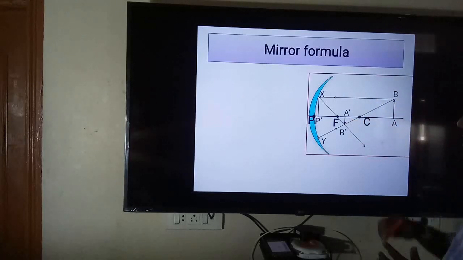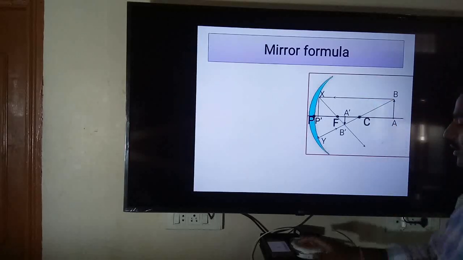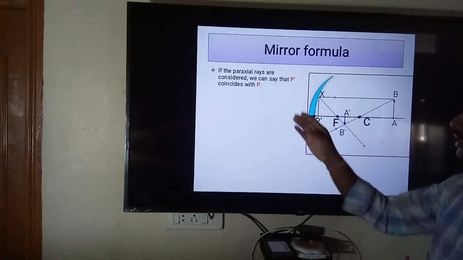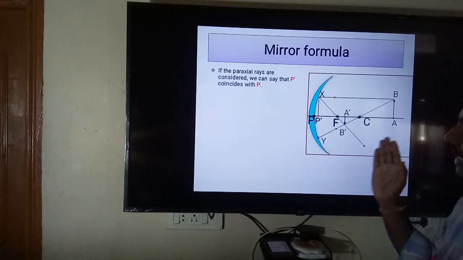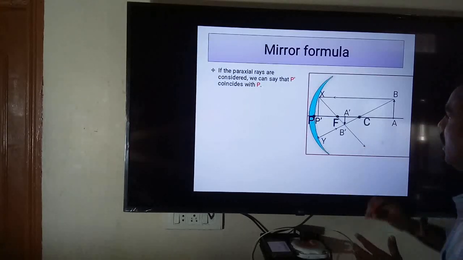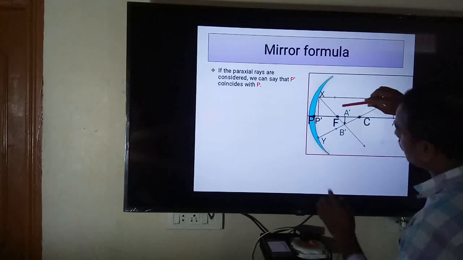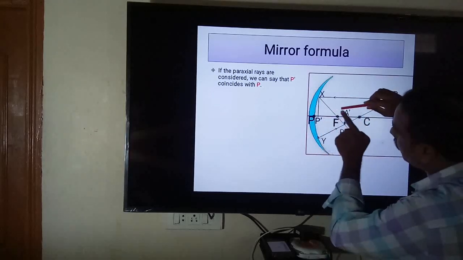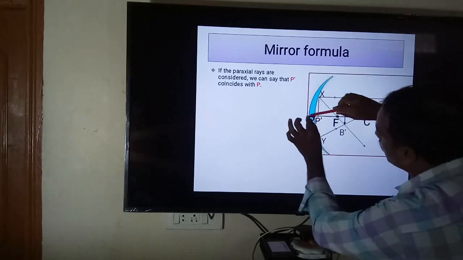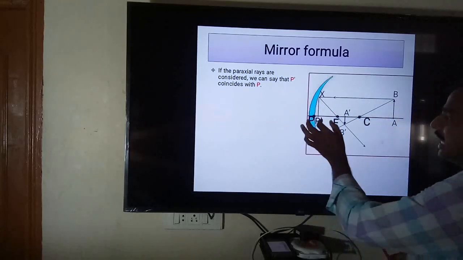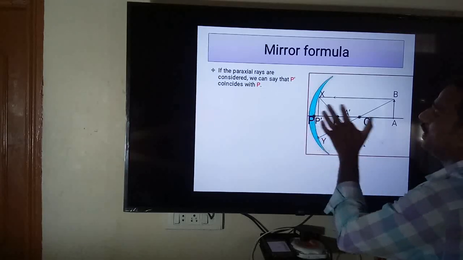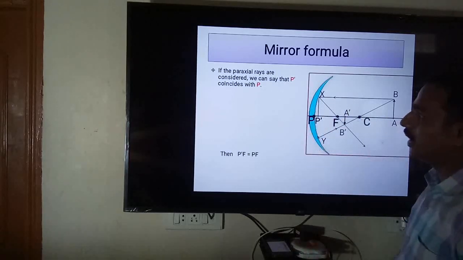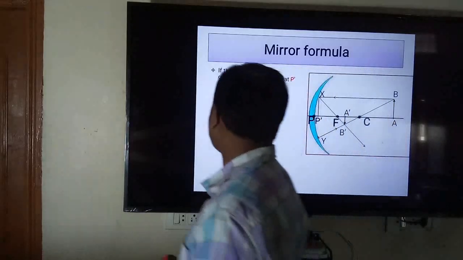If the paraxial rays are considered, we can say that P' coincides with P. If very near rays are taken, P' coincides with P, then we can take this distance P'F is equal to PF.